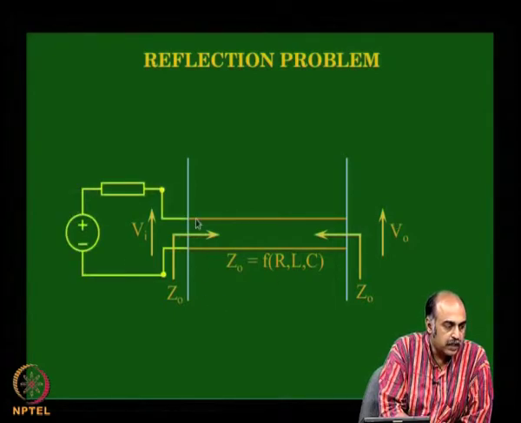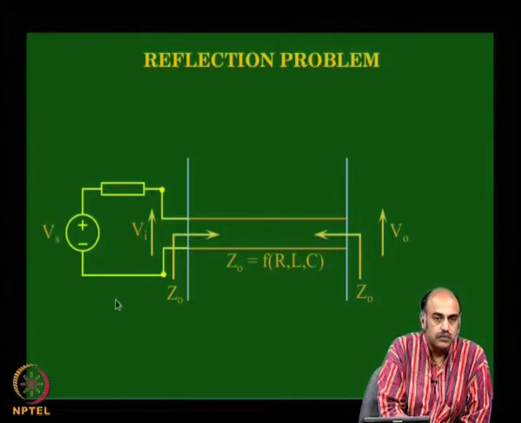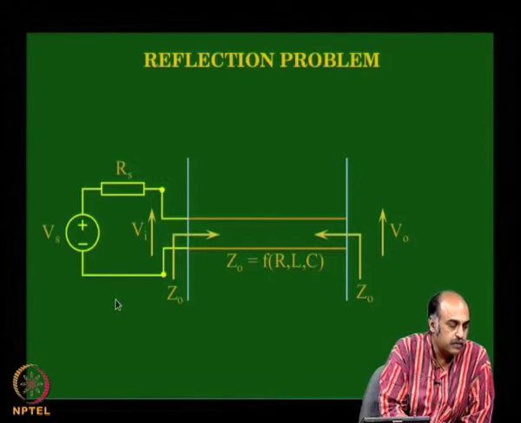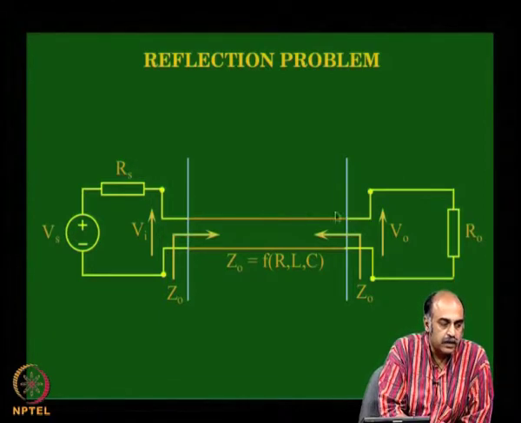On the source side, we have a source connected in this fashion. Now, let us say we have a source with its source resistance Rs. So, Vs and Rs form the source resistance. And on the load side, we have a load R0 connected as shown here.